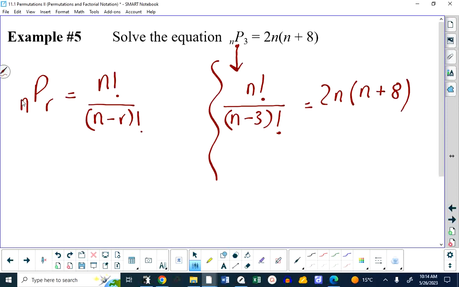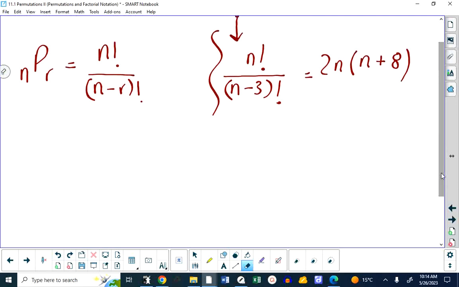Well, recognize that n minus 3 factorial is a smaller factorial than n factorial, meaning it's inside of n factorial. So we're going to expand n factorial to expose the n minus 3 inside of it.